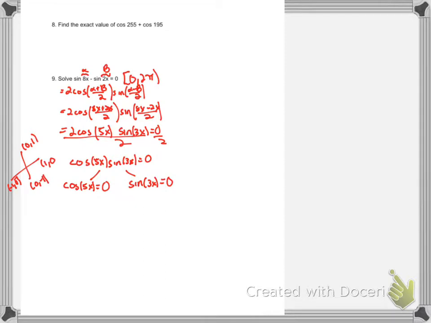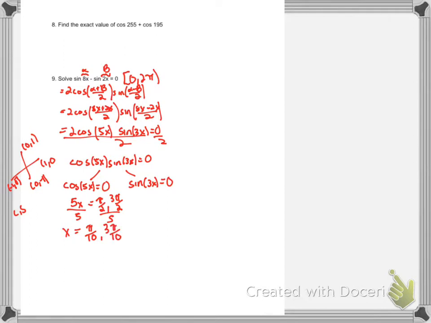It's on all of my pages. So we have 5x, cosine is 0 at pi over 2 and 3 pi over 2. We divide both sides by 5. You end up with x equals pi over 10 or 3 pi over 10 for our first half.